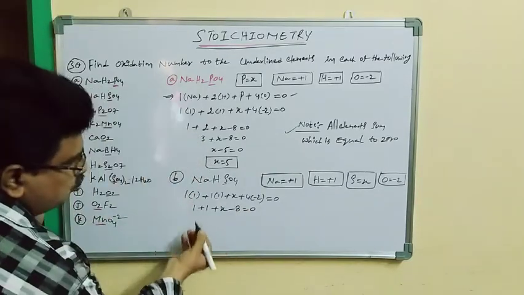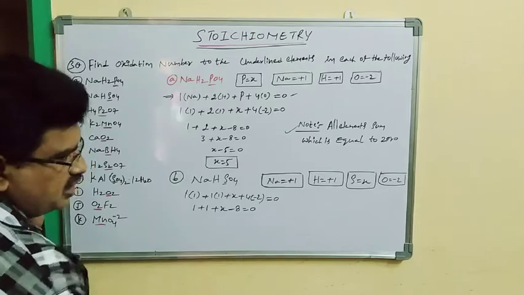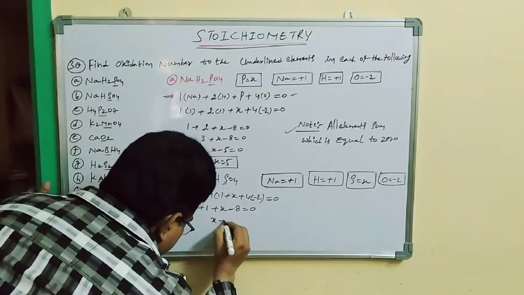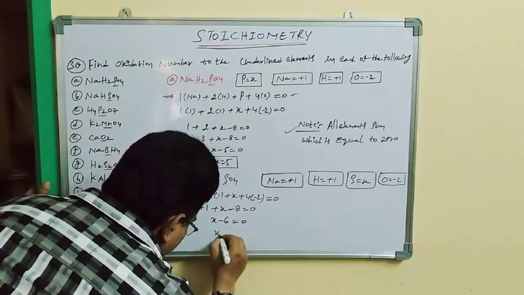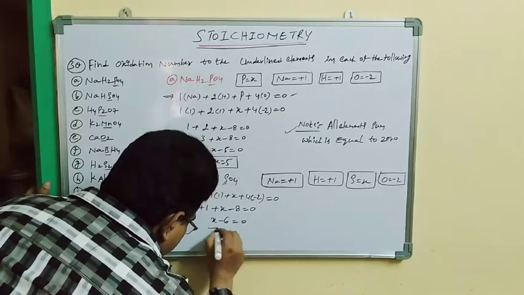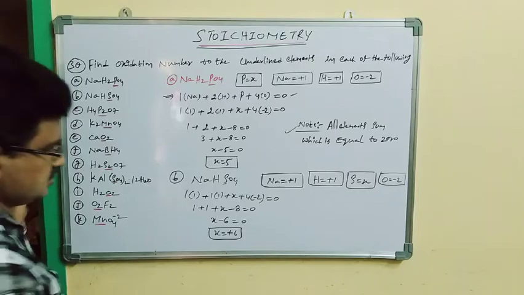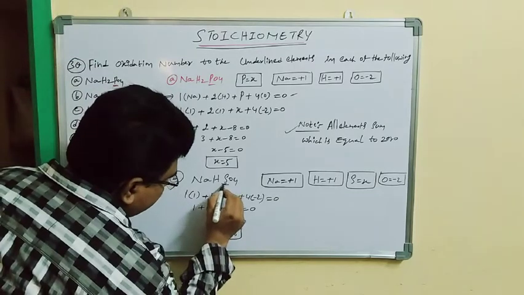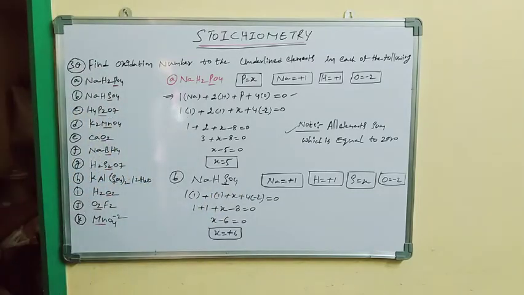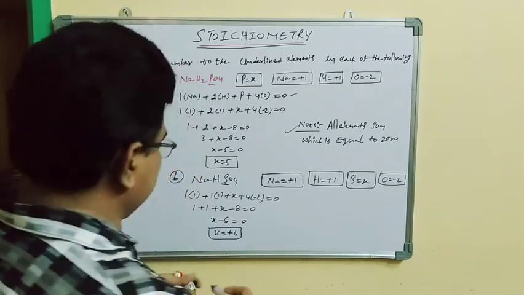So 2 minus 8 is minus 6, X minus 6 is equal to 0, X is equal to plus 6. Sodium hydrogen sulfate, sodium bisulfate: the oxidation state of sulfur is plus 6.